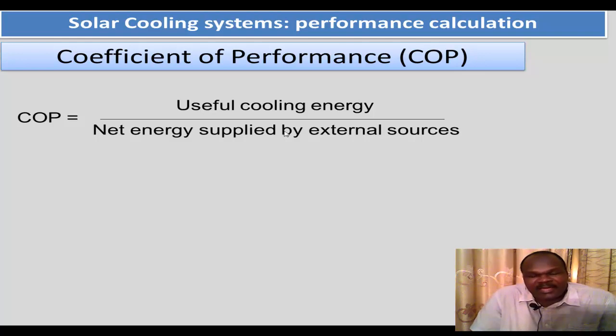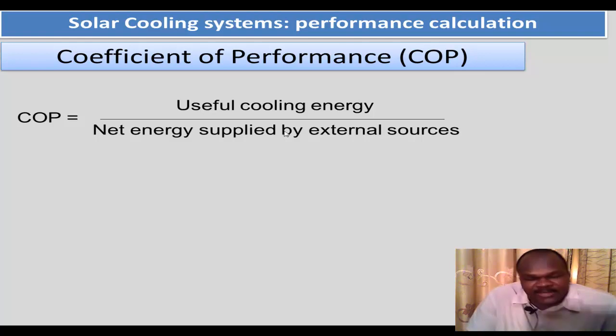It's a kind of efficiency. But I guess that because the coefficient of performance can be more than 1, while efficiency is defined between 0 and 1, they would like to make the difference between the two. So for cooling systems, the efficiency is called simply coefficient of performance, COP.